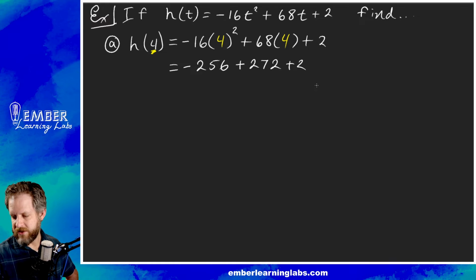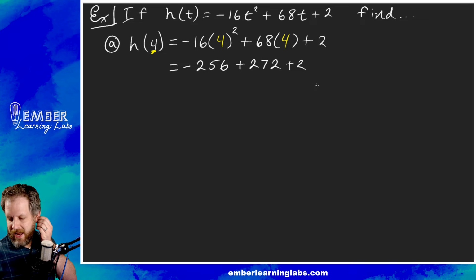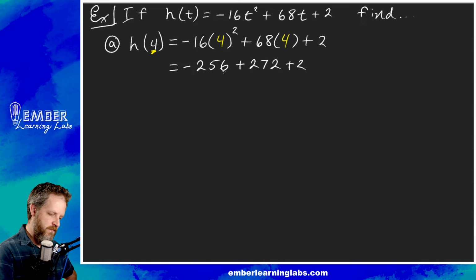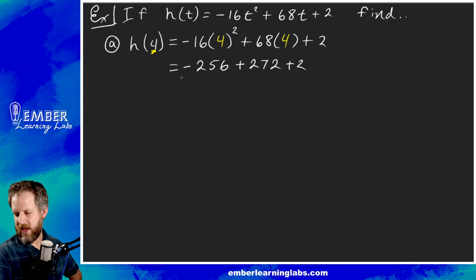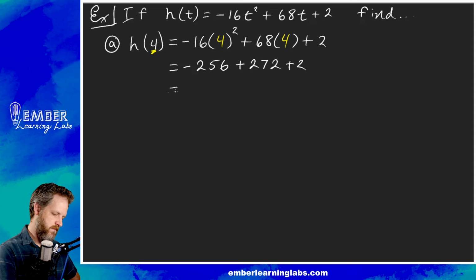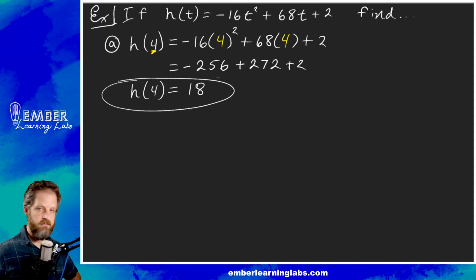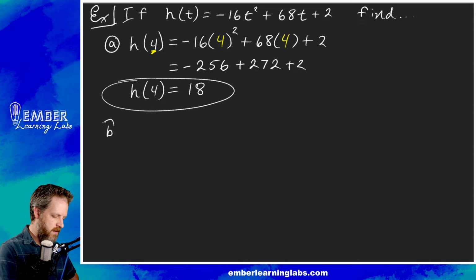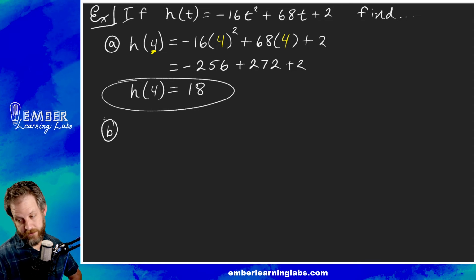So then negative 256 plus 272 plus 2 equals 18. So h of 4 equals 18. One last bit for part B, because this one's going to be a little bit more different.